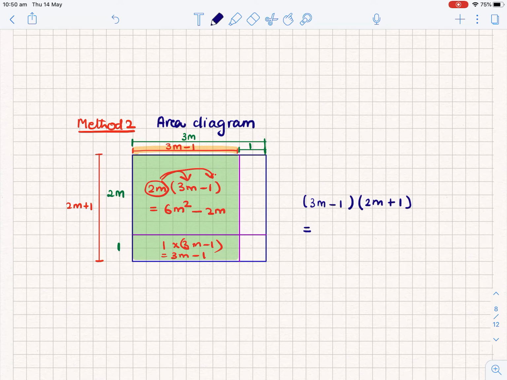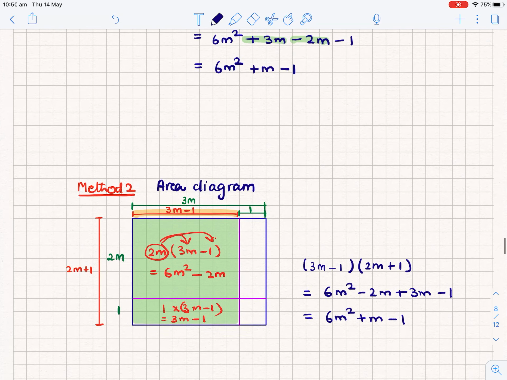Now, the product of these two binomial expressions is the sum of the areas of the two shaded rectangles. So 6m squared minus 2m plus 3m minus 1. Collect the like terms and you get the same as above.